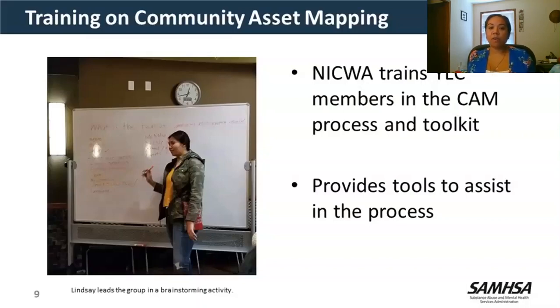And then we also provided some tools along with the toolkit. Some of the things we provided were templates for work plans, to help them think about steps to take and timeline and that sort of thing.